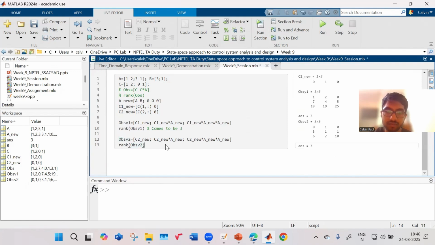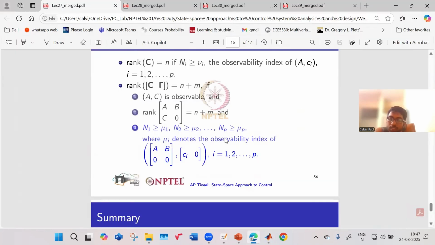It comes out to be 3. So what is the observability index? For both outputs it is 3. So we are determining that the observability index for both outputs is 3.